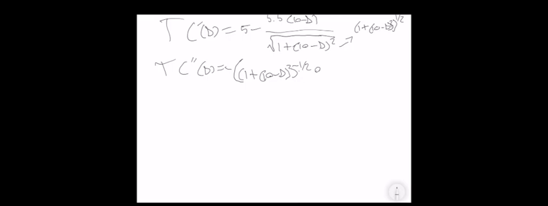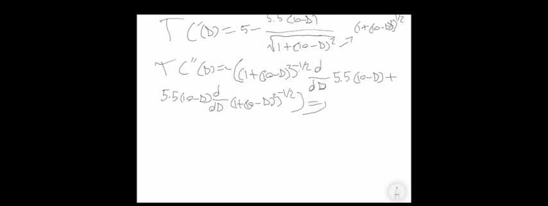And from the product rule, we have times the derivative of 5 and 5/10 times (10 minus d), plus 5 and 5/10 times (10 minus d), then times the derivative of (1 plus (10 minus d) to the second) to the negative 1 over 2.